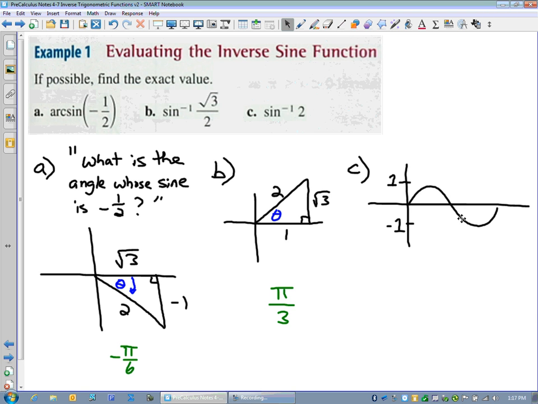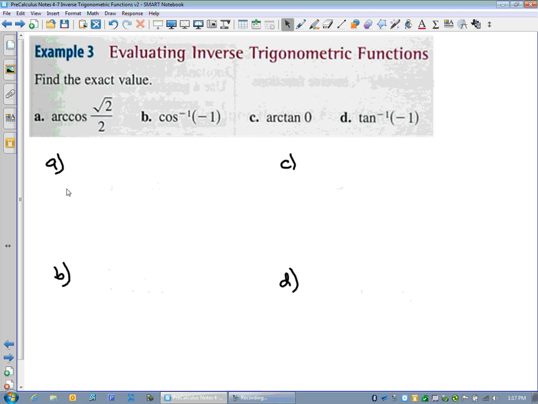You'll be using this little graph a lot in the future. And if we think about anywhere on the sine curve, it never goes up to 2. So the angle whose sine is 2, that just doesn't happen. Therefore, this value is undefined. So be aware of the possibility of undefined answers.